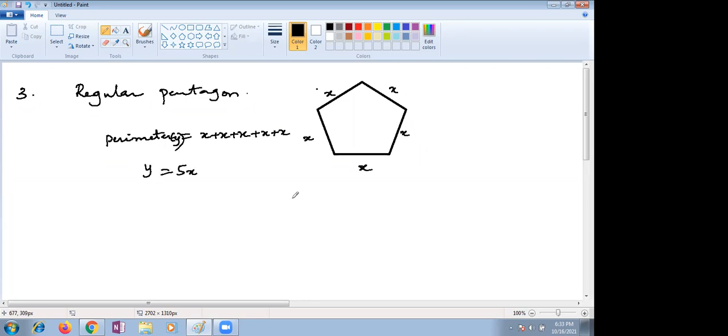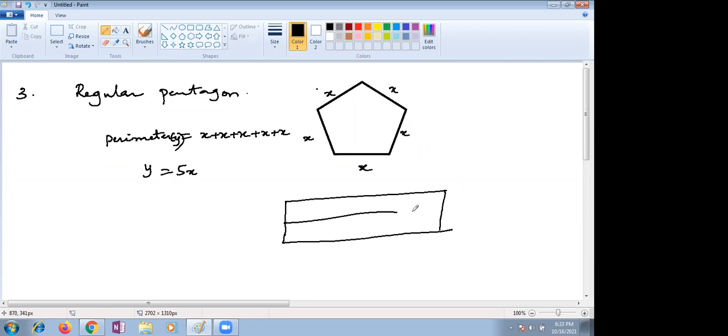Now you can construct your table, children, for x and y values. Not only this, they have given a condition also here. What is the condition given? Take the x-axis, x and y is given. Scale is also given. What is the scale? On the x-axis, 10 small divisions equal to 2 centimeters.